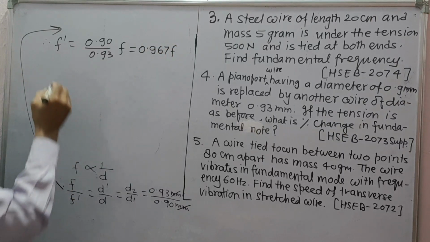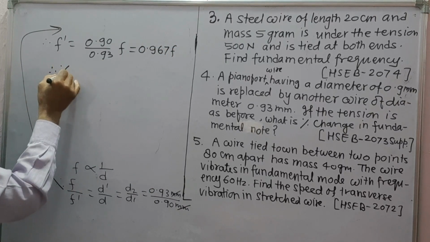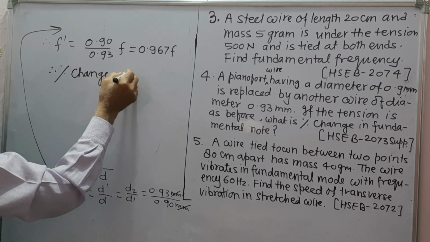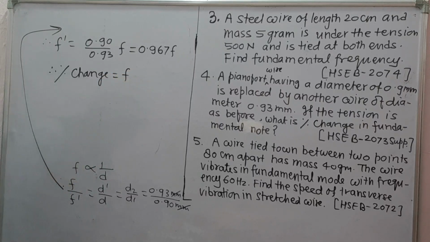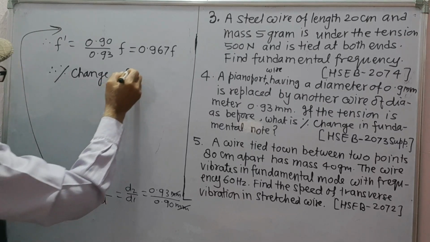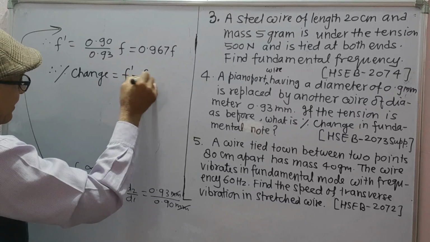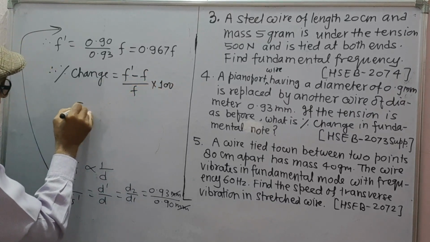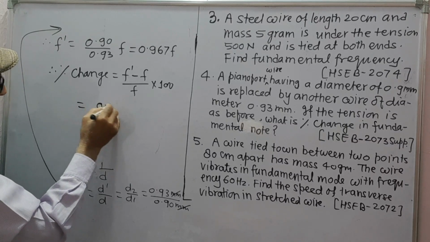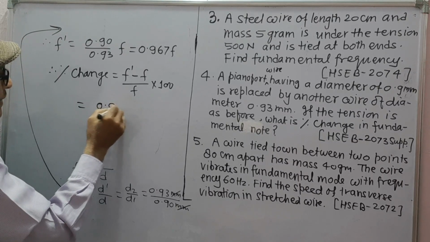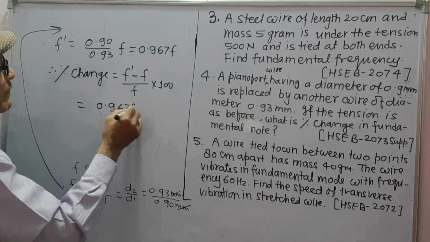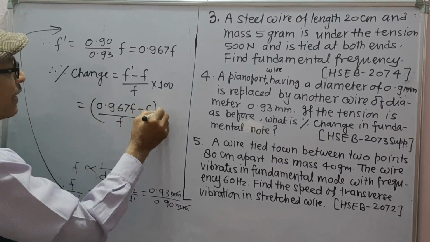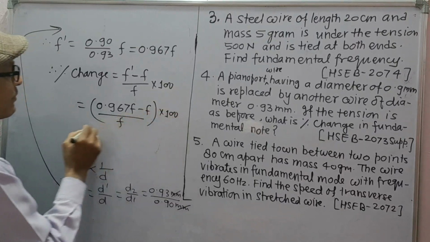F dash is 0.967 F. Therefore, percentage change will be equal to F dash minus F upon F into 100, that is 0.967 F minus F upon F into 100.